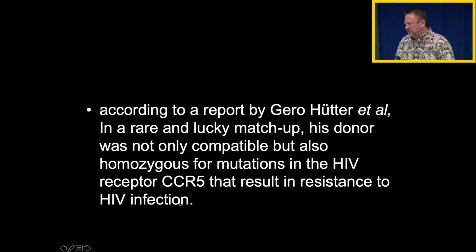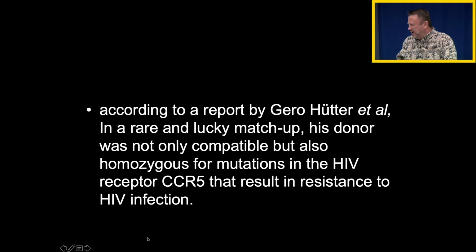The thing that I wanted you to know is this mutation in the CCR5 receptor. We're going to talk about the CCR5 receptor on the T lymphocyte. The CCR5 receptor is on the T lymphocyte, and this is how the HIV gets in. This is like the doorknob. The HIV attachment spike will attach to that CCR5 and get into the cell.